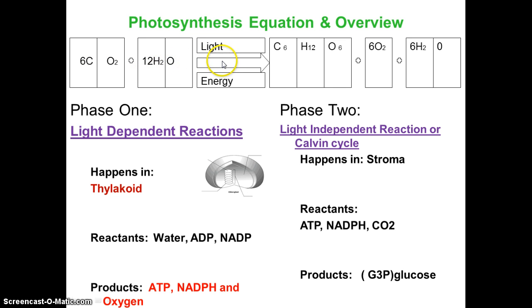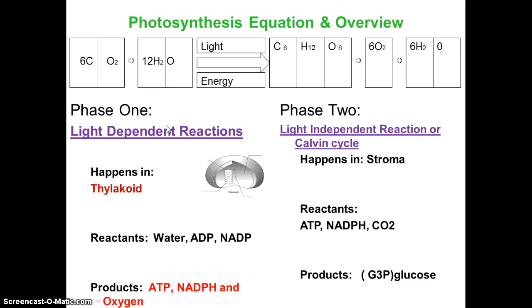It requires that light energy, and we make our sugar molecule, plus our waste product, 6 oxygens and 6 waters. Now you'll probably see the equation without this water molecule, because when you balance it, this cancels out, and then you have 6. But I wrote the long equation so you know that you also make new water.